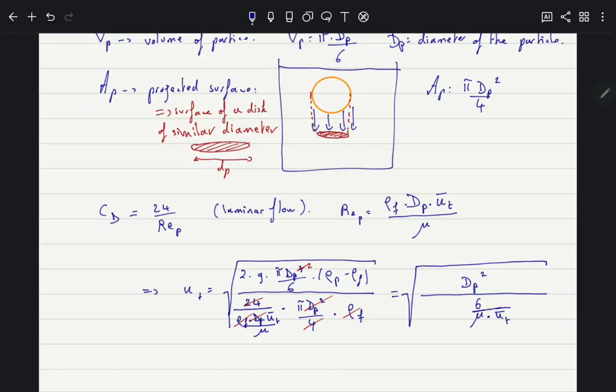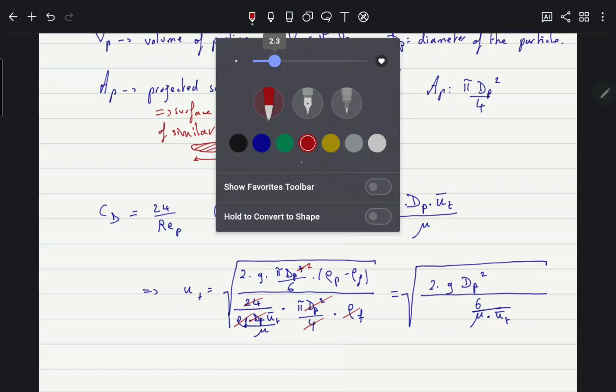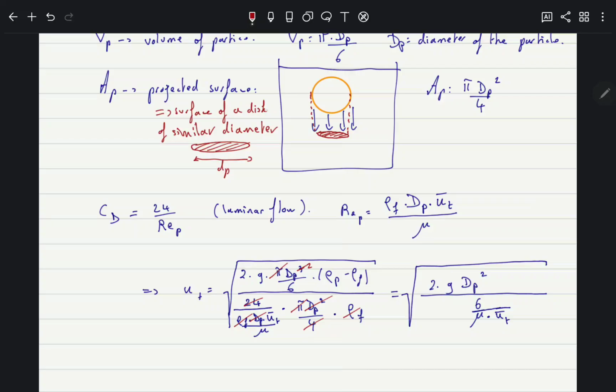And at the numerator, we still have 2g, so the pi vanishes. And we also have a 6 here, and we have rho p minus rho f. All right, and then you can take the square of that.